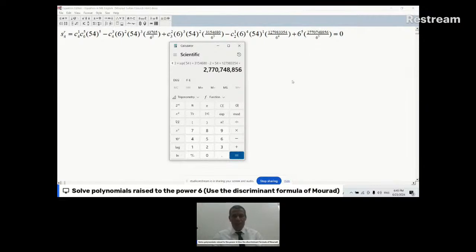This one, learners, has to be equal to what? 0. Yes, this one has to be equal to 0.